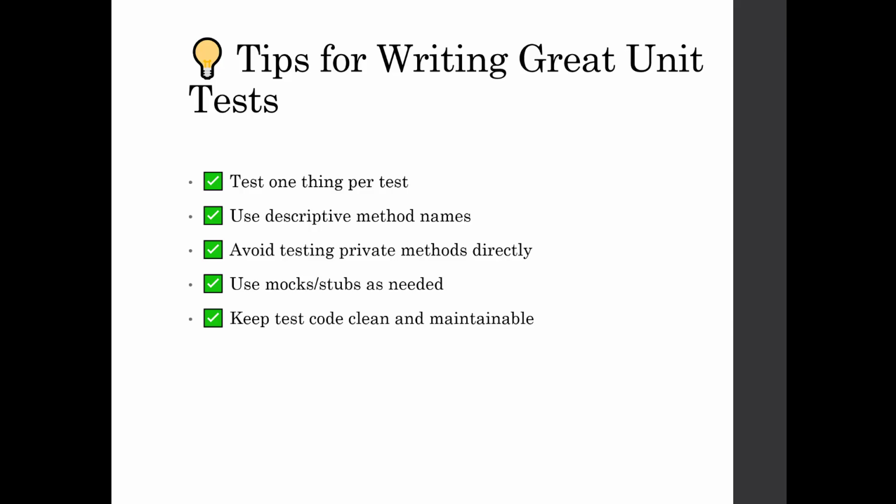So writing great unit tests, we have some best practices for the way this should be done. And following these will make your unit tests even better. We want to test one thing. If you test one thing per test, this makes it easier to know what's broken.